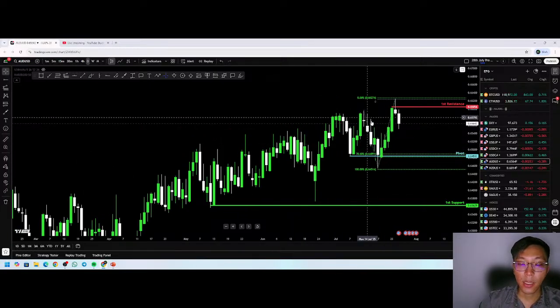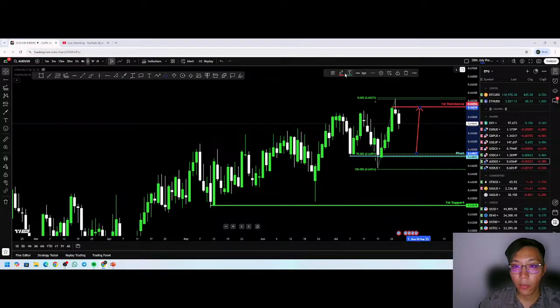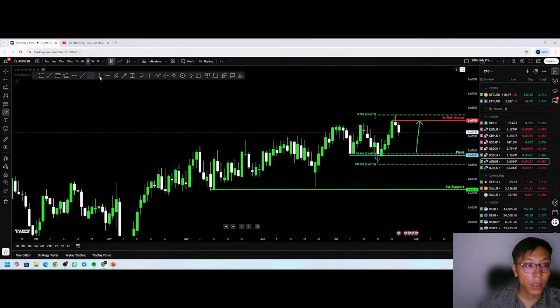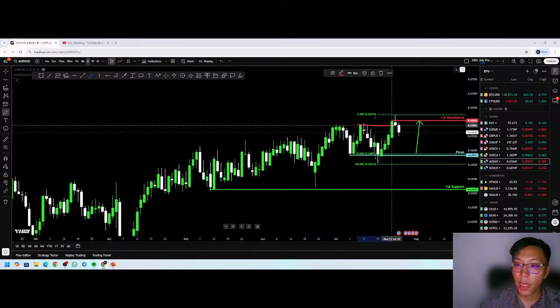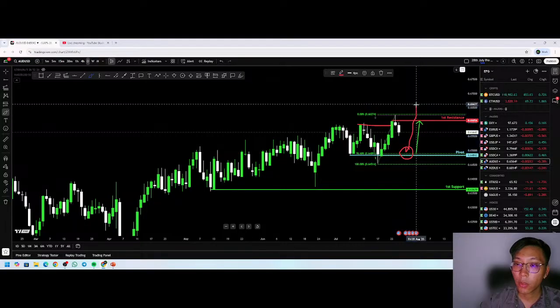Alright, so this is a buy continuation. I think this is a pretty solid trade right here. So if price ever comes down to this pivot point, looking at market structure, it broke this high already, so naturally it will react to this pivot point and create a higher high.